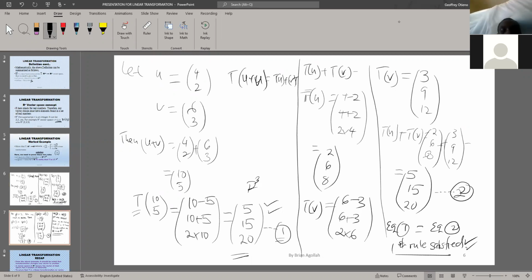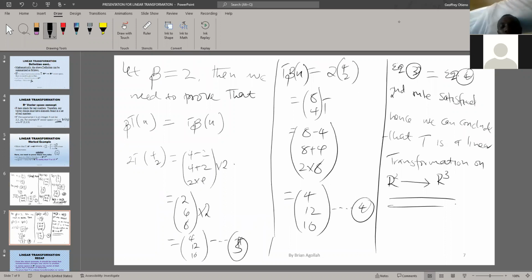So we go to rule 2. Rule 2 says that if beta is a scalar, a real number, then multiplying the vector by beta and then giving it transformation T is the same as transforming the vector and then multiplying by beta.